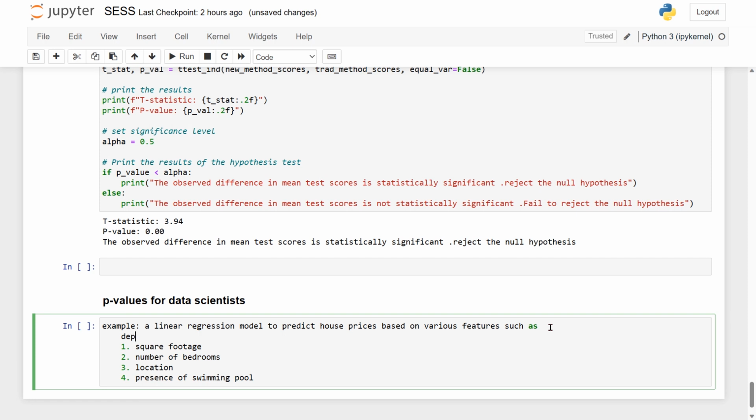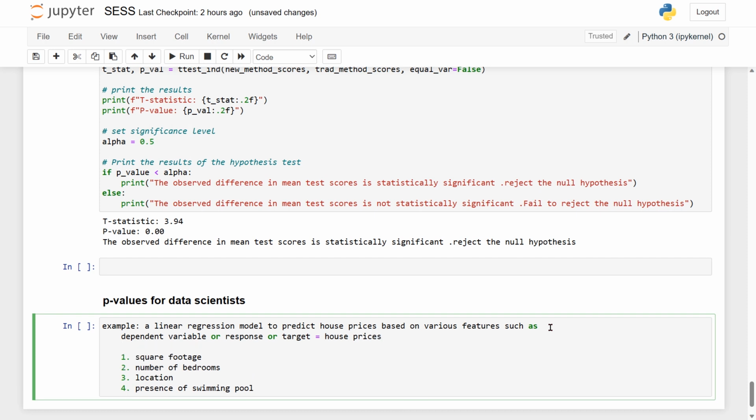So our dependent variable, or response or target, is house prices. And our independent variables, or predictors or features, are the following.